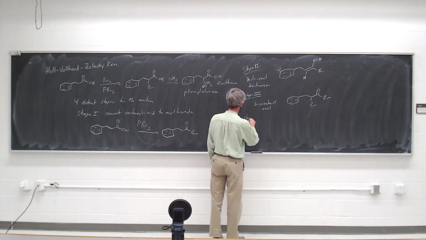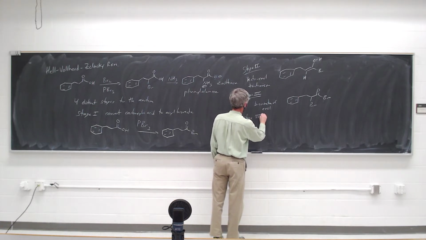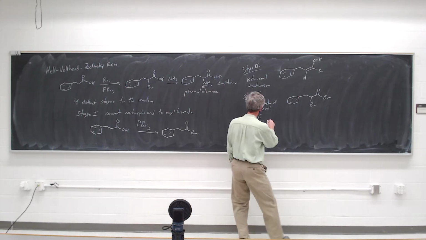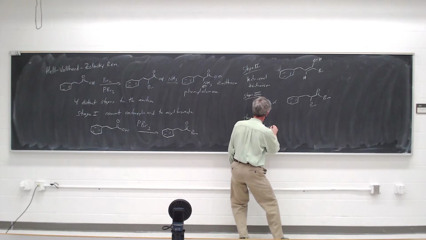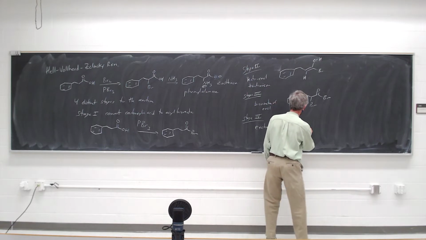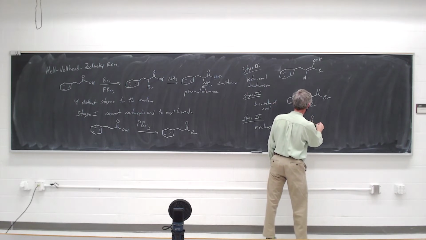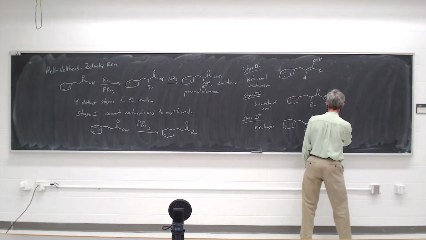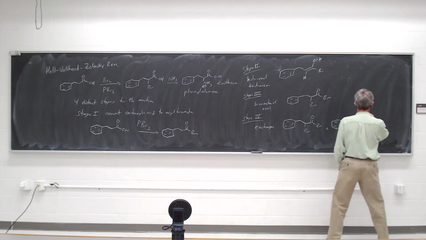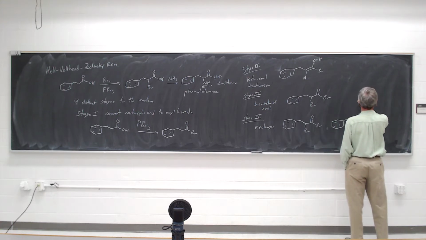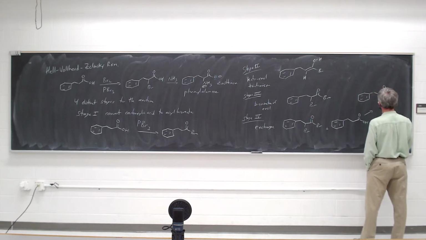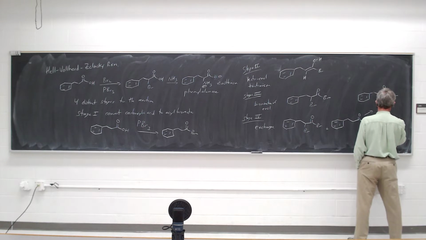And then stage 4 is to do a bromine hydroxide exchange, where the alpha bromo acid bromide reacts with the regular carboxylic acid to regenerate that.